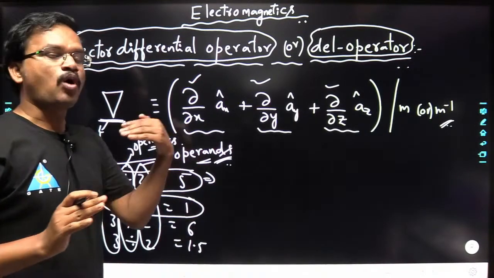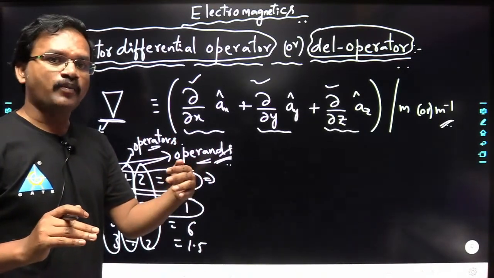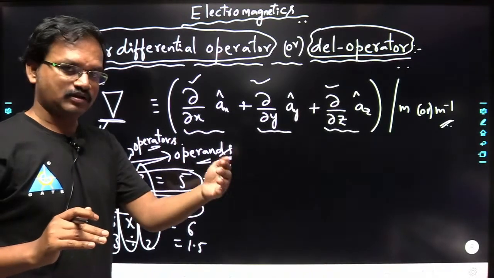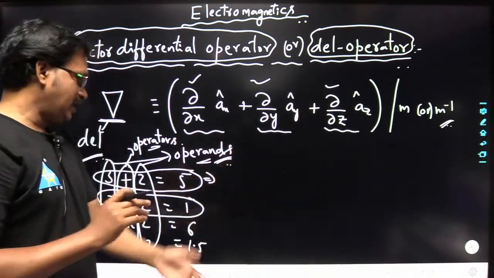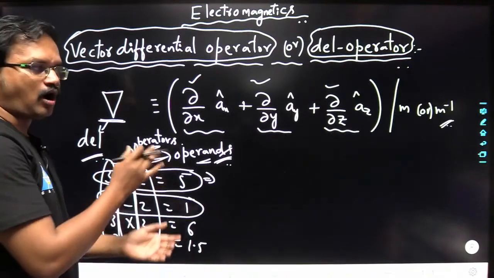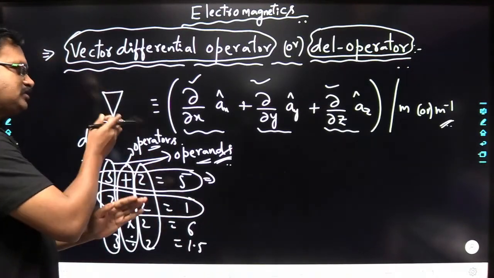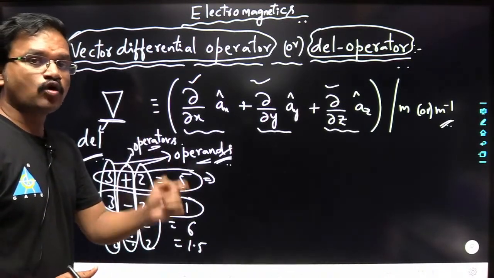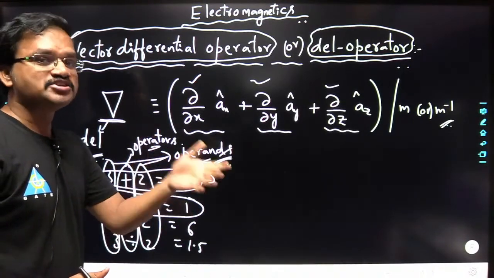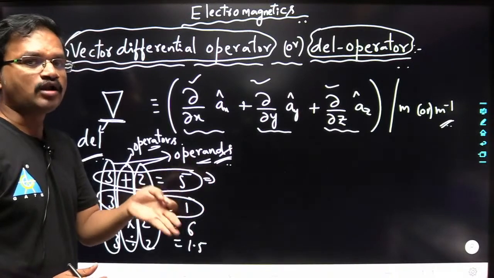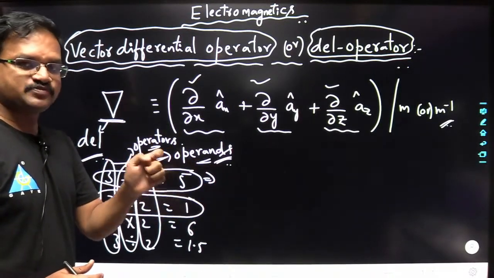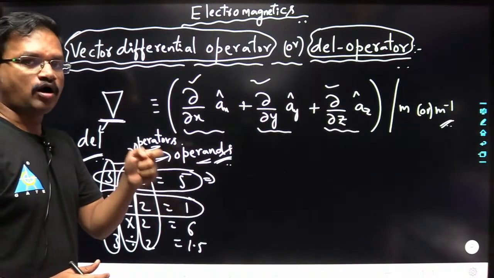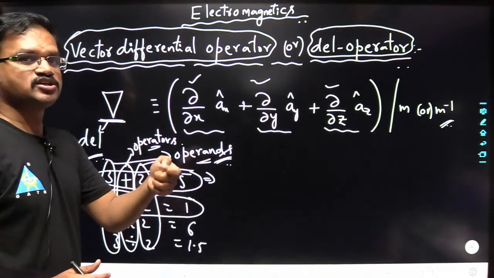Until it has to operate on something. Here these operators are operating on operands, whereas our vector differential operator is going to operate on functions here. It is going to operate on functions, or specifically speaking, it is going to operate on spatial functions.